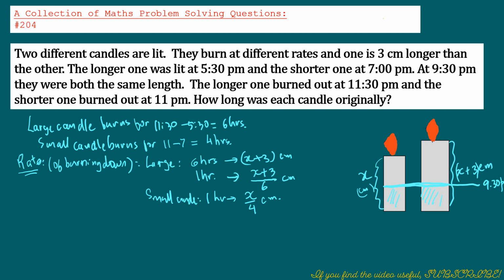That is different. When we do the equating, we have to equate the part that remains in the small candle and the part that remains in the large candle.